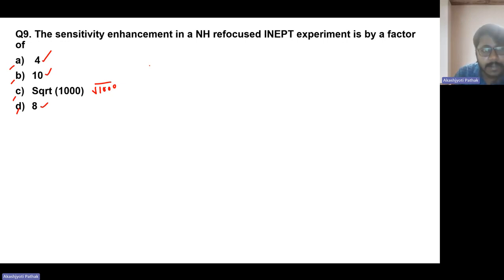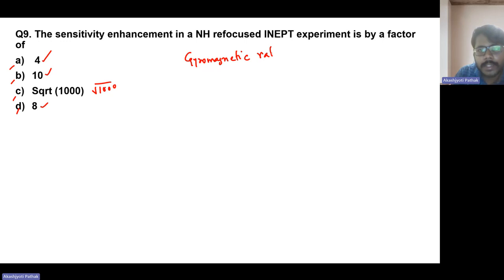High resolution but low sensitivity. This is a problem, the sensitivity. So what does this sensitivity basically depend on? One of the most critical parameters determining the sensitivity is the gyromagnetic ratio of the nuclei that you are considering.